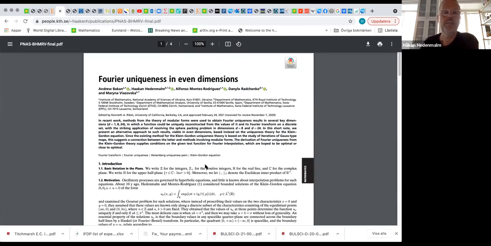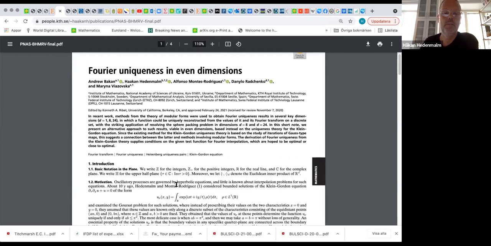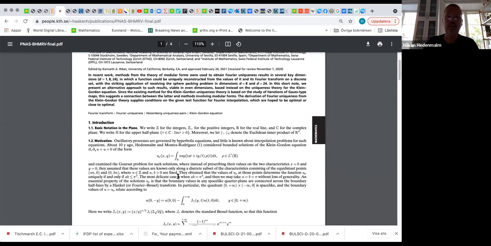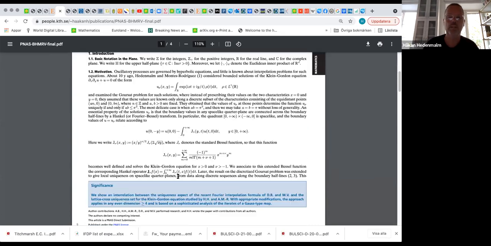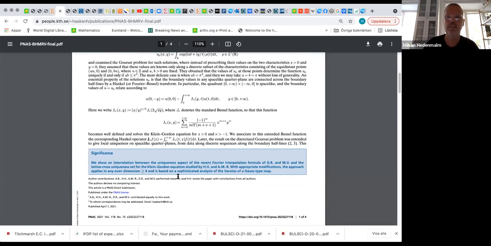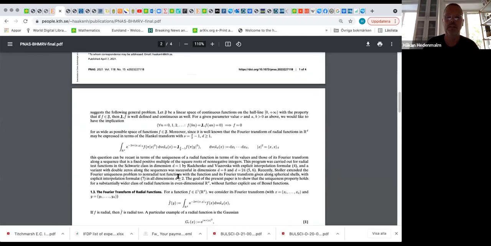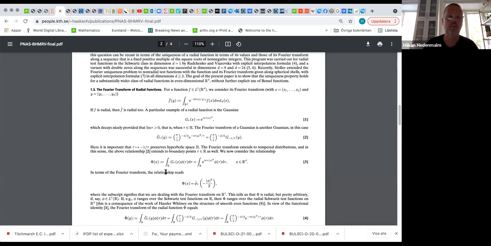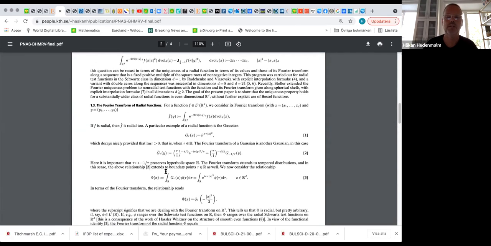So this is a paper related with this topic. It's not exactly this topic, but it connects these things, especially radial functions and the Fourier transform of radial functions, and how to get the uniqueness from our theorem, basically with Alfonso, this kind of our method at least.